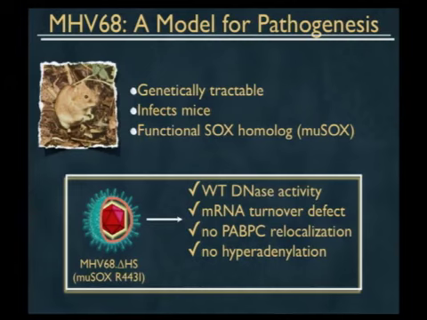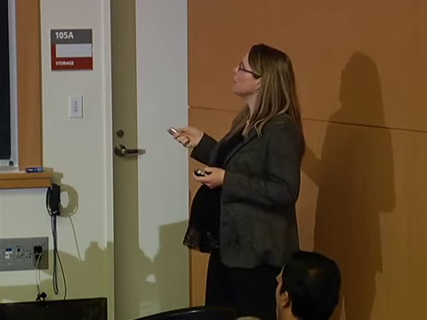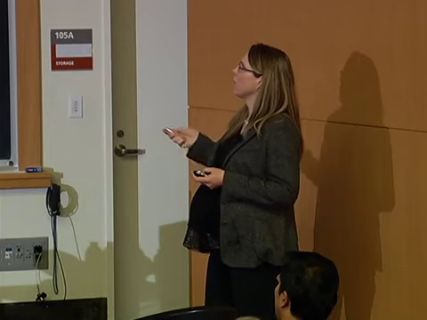And remember, this is critical because if you get rid of both activities, you're just gonna kill viral replication, because DNase activity is essential for the mechanics of viral replication. But instead, this mutant, while it has wild-type DNase activity, is defective for all of the hallmarks of host shutoff, including messenger RNA turnover, PABC relocalization, and hyperadenylation.